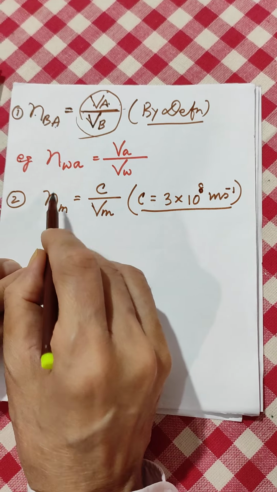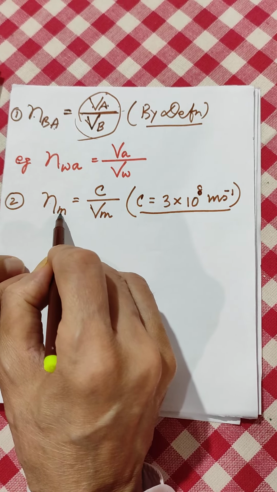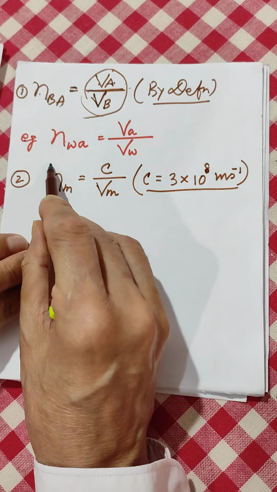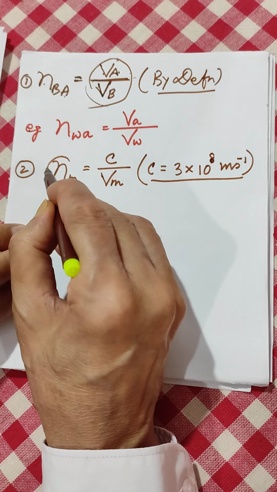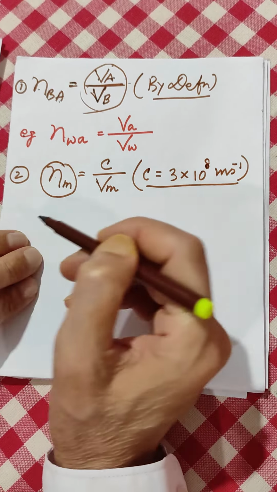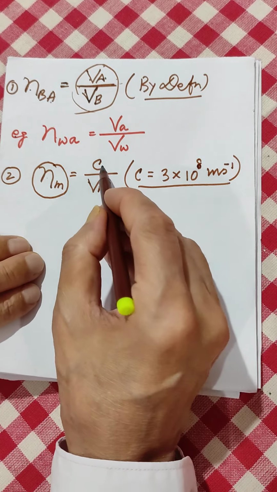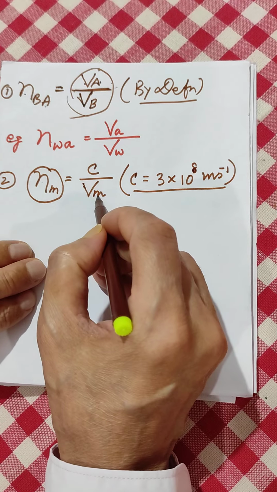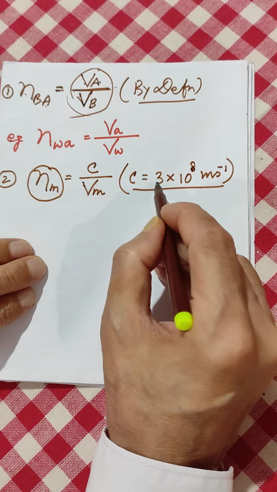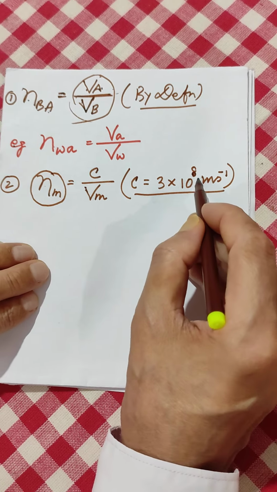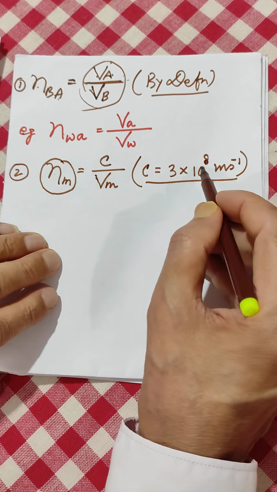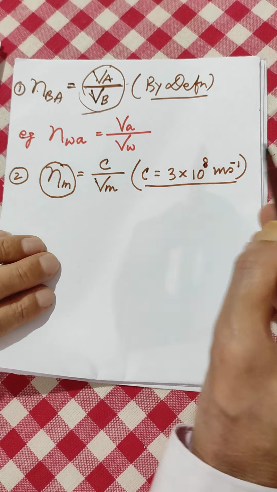So refractive index of a certain medium with respect to vacuum, that means absolute refractive index. So you can call this absolute refractive index because the first medium is vacuum. So that is equal to C by velocity of light in that medium. Now C means this constant, 3 into 10 to the power 8 meter per second, which is the velocity of light in vacuum. All right.